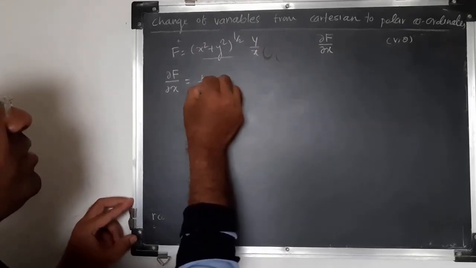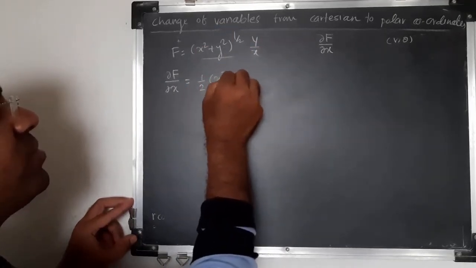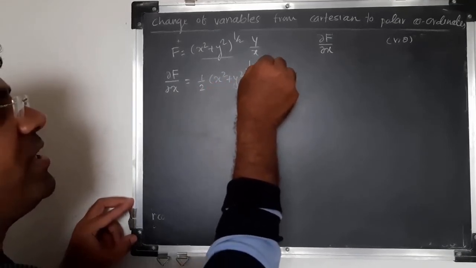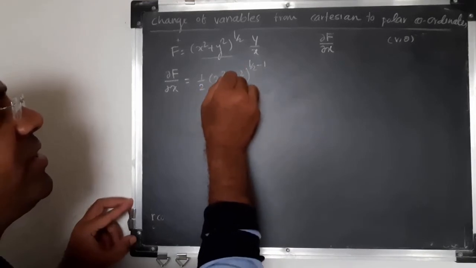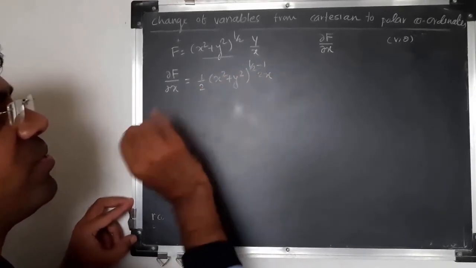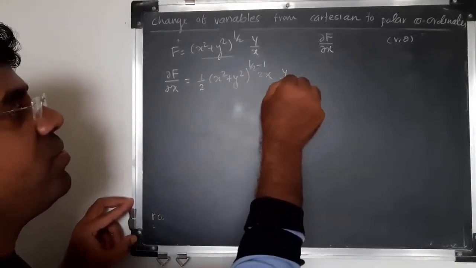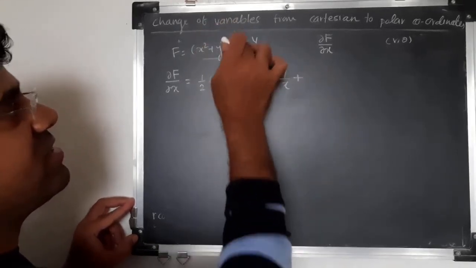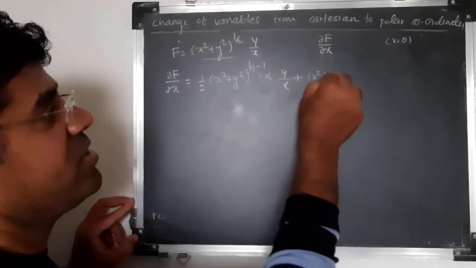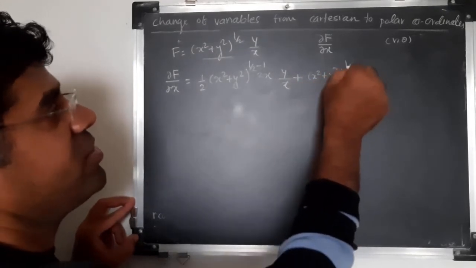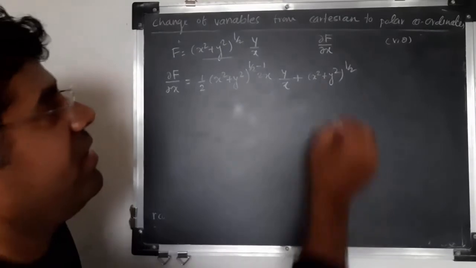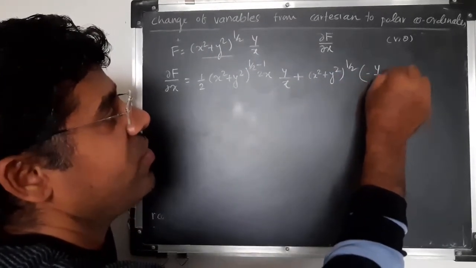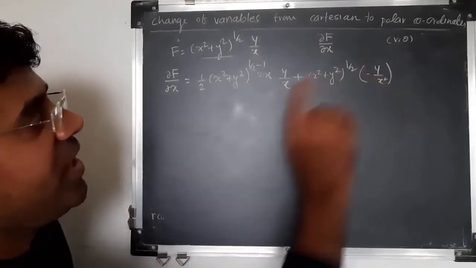This is nothing but half times (x² + y²)^(1/2 − 1) into the derivative of x², which is 2x, into y/x as it is, plus the constant (x² + y²)^(1/2) and y by x, whose derivative is y times, since the derivative of 1/x is −1/x², minus y upon x².